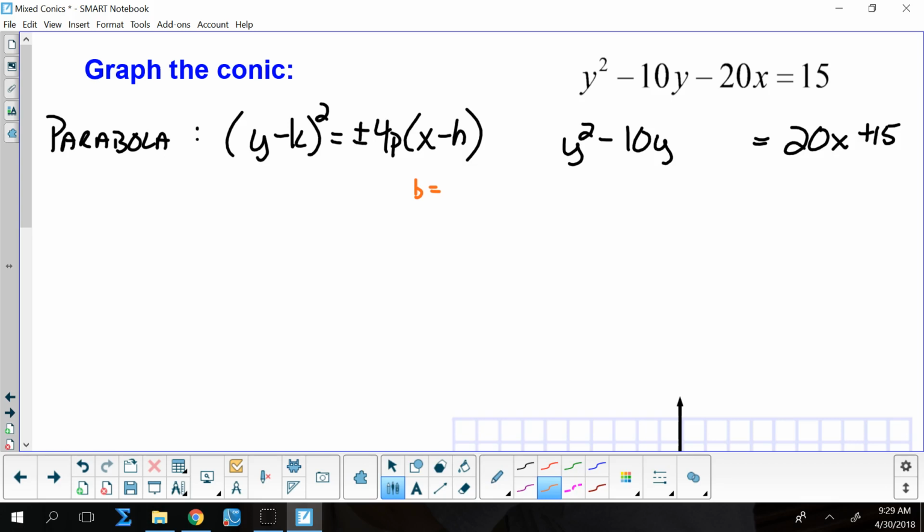Y. You're running this on y because that has the squared term. When you're completing the square, you need a squared term. So what's the b value then in terms of this problem? B is negative 10. It's right here.